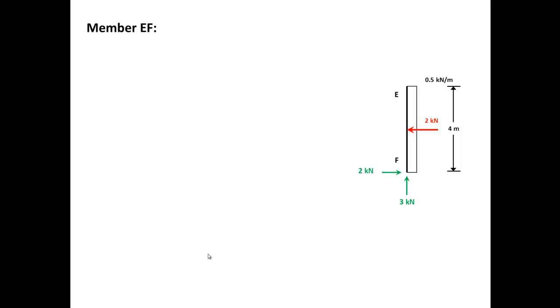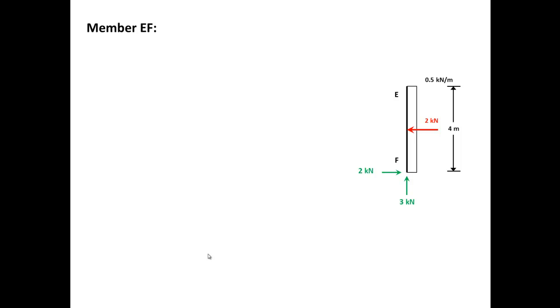This way we can solve for these unknowns. Remember, we have a normal force, a shear force, and a bending moment. So we have 3 unknowns and 3 equilibrium equations, so we can solve for them.